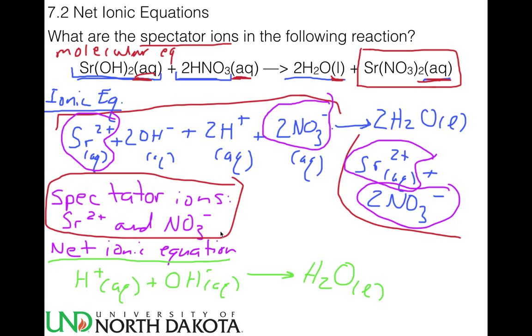So we saw that our spectator ions are strontium and nitrate. Those are the 2 ions that make up our aqueous product. And the net ionic equation shows how the product that's not aqueous forms. We had our liquid water, and we saw that the liquid water was formed from the combination of hydrogen and hydroxide ions.